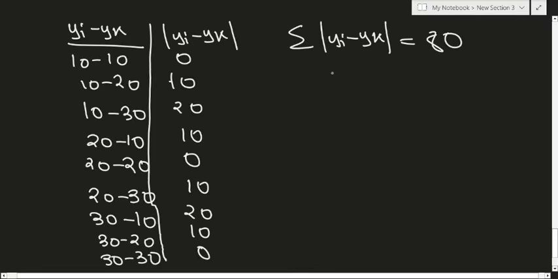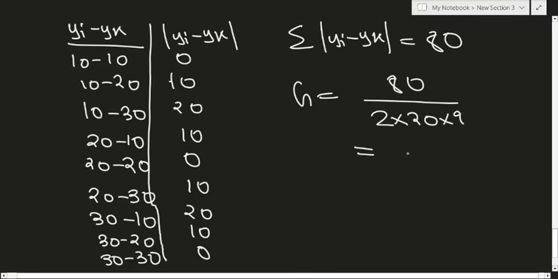So our Gini coefficient value is the sum of absolute values of pairwise differences, 80, upon 2 into mean level of income, that was coming out to be 20, into the square of population. We have 3 observations, so n square would be 9. This comes out to be 0.222.